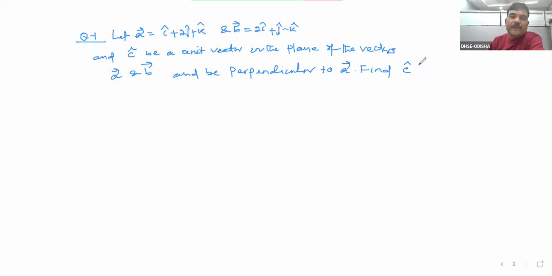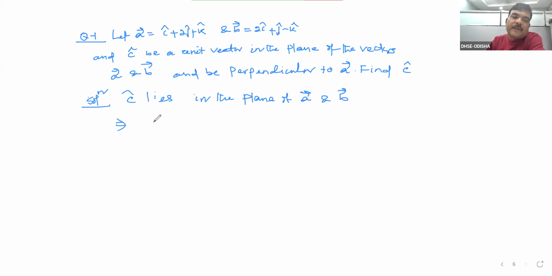If a vector lies in the plane of two vectors, then that vector can be expressed as a linear combination of the two vectors. So, solution. C bar lies in the plane of A bar and B bar.